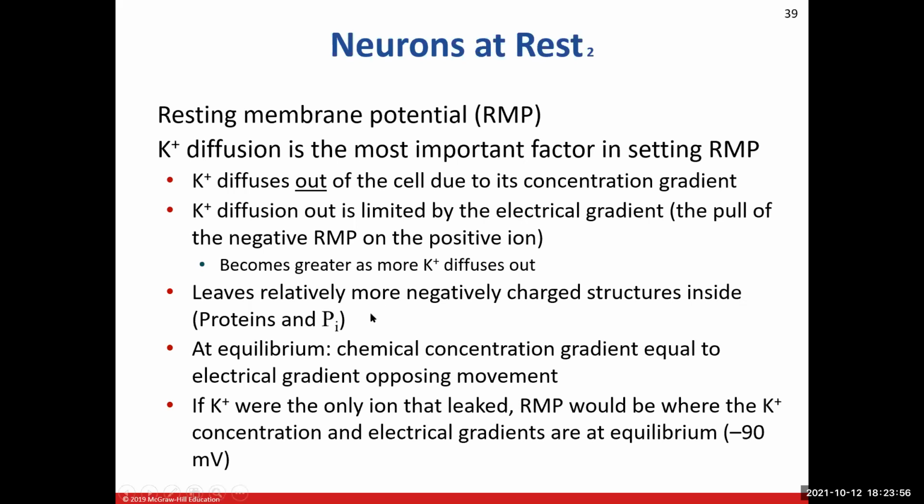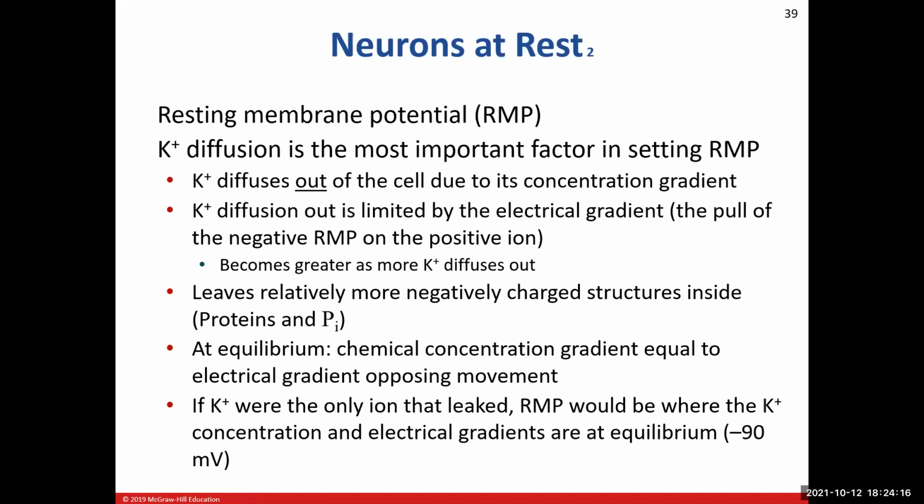And so at a certain point, we're going to reach equilibrium. That's when the chemical concentration gradient is equal to the pull that those negative items inside the cell have on that positively charged potassium.